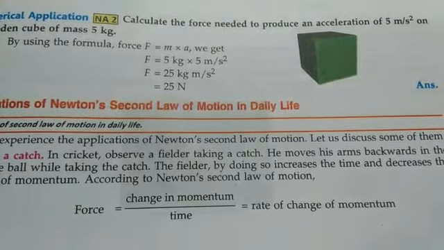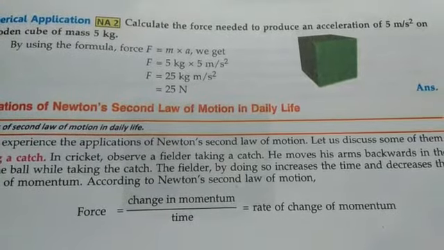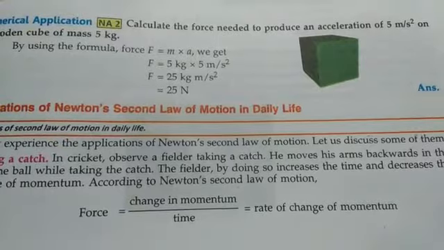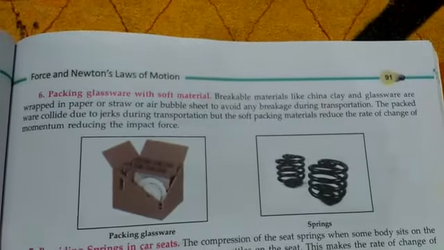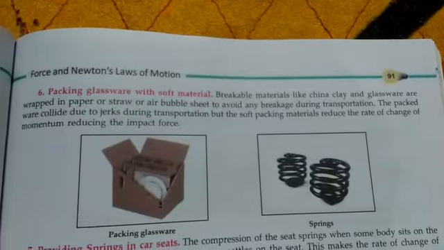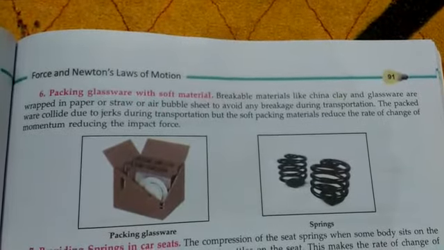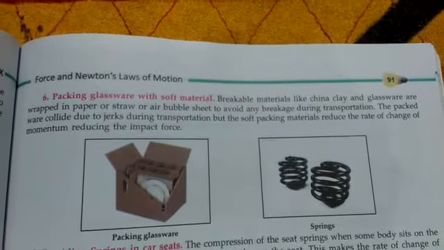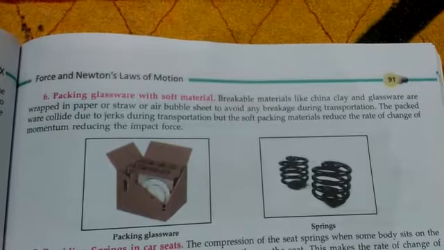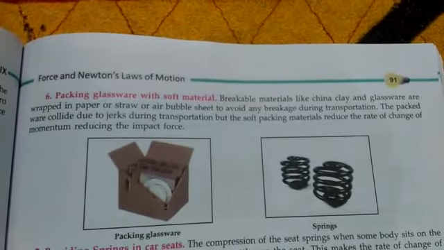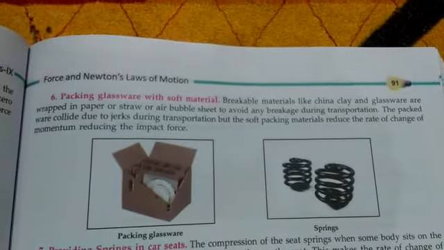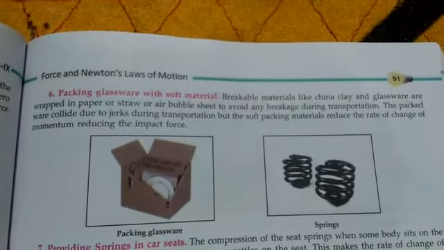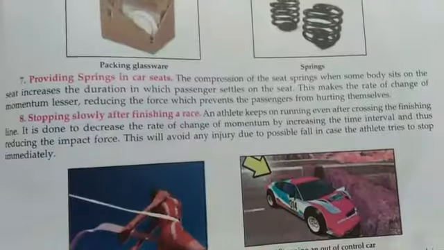If the rate of change of momentum is less, then the force experienced will also be less. So in this case, there is no role of time. Here the rate of change of momentum is reduced because of the bubble sheet, and that's why the force applied on the glassware or chinaware decreases and they do not break.